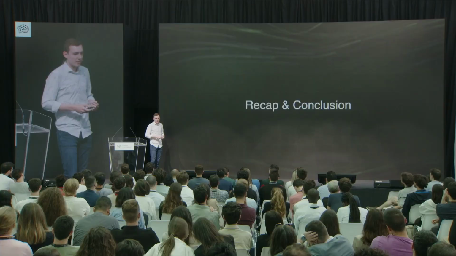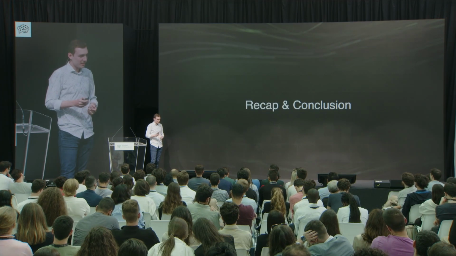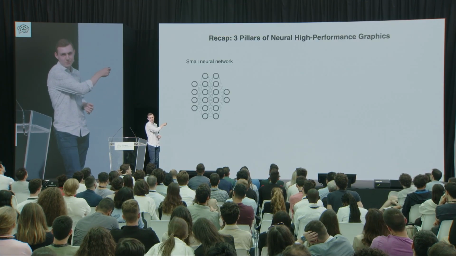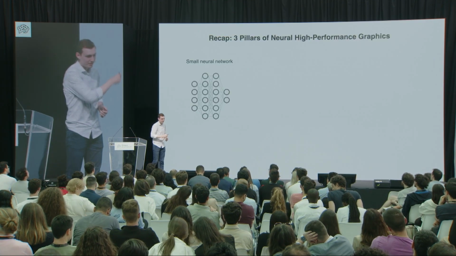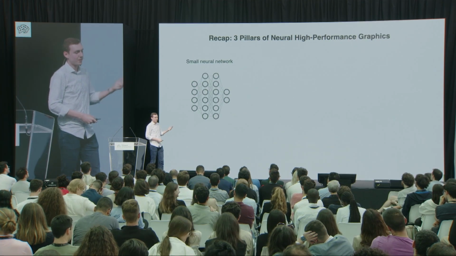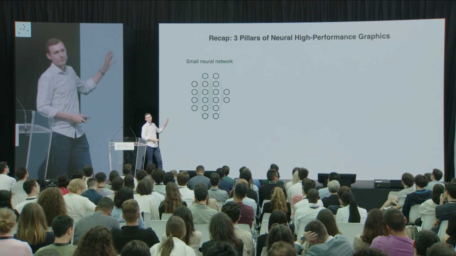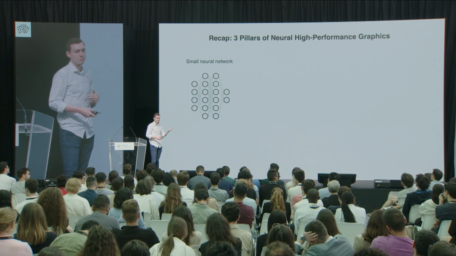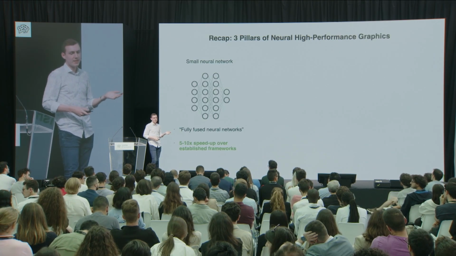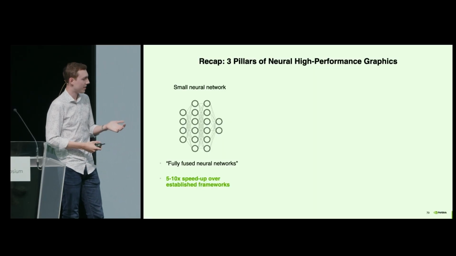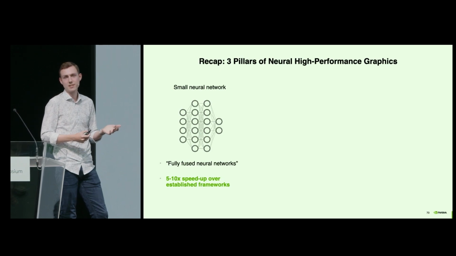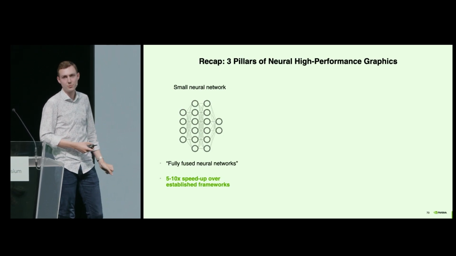So I think it's time to conclude now. I want to briefly revisit these 3 pillars because I think they're really important. We've seen that neural graphics primitives can be trained and queried basically instantaneously by, first of all, shrinking the neural network down and then using algorithms that actually cater to the different requirements of these smaller neural networks.